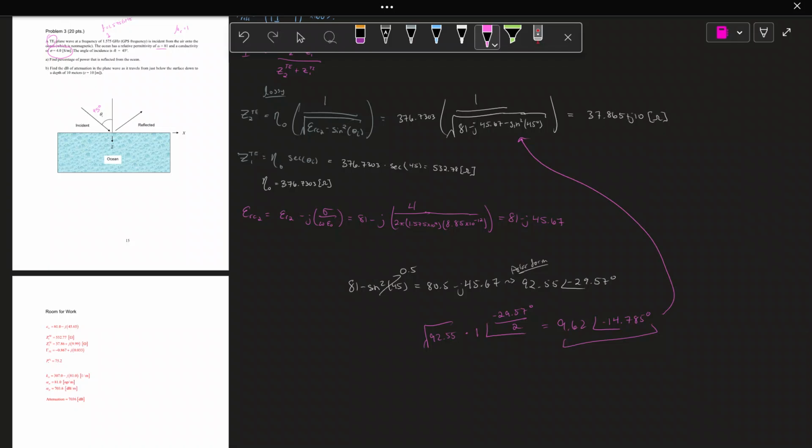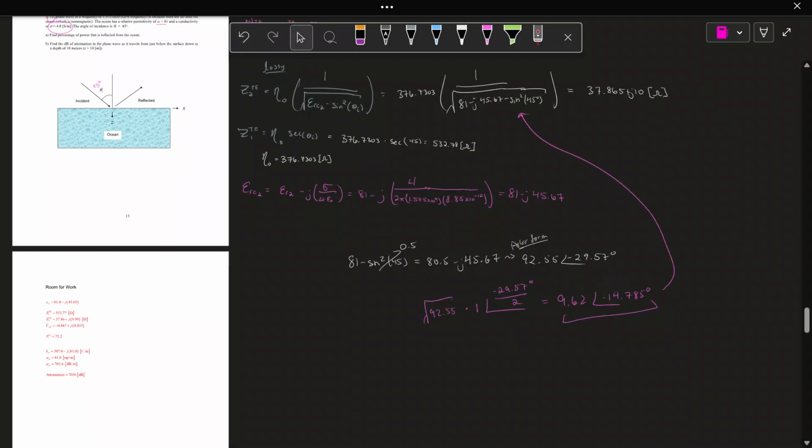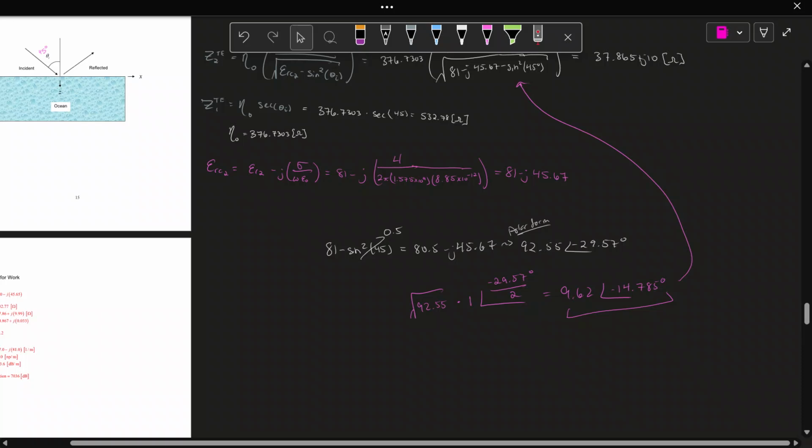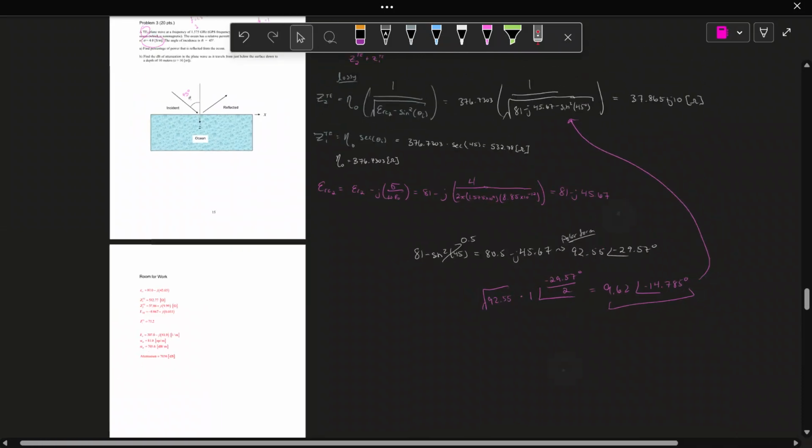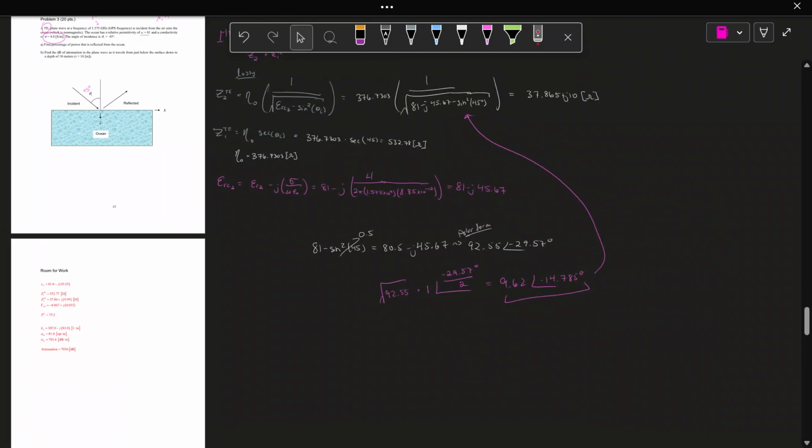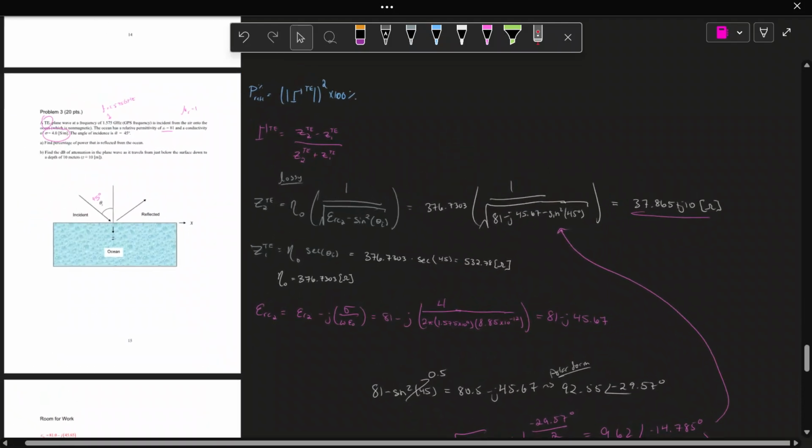You can then plug it into your calculator like this. So you get 1 over 9.62 angle negative 14.785. And again, you get 37.865 plus J10. So this is how you would do it by hand. Take the square root of the magnitude and halve the angle. Okay, so now that we have Z2TE, this becomes very easy.